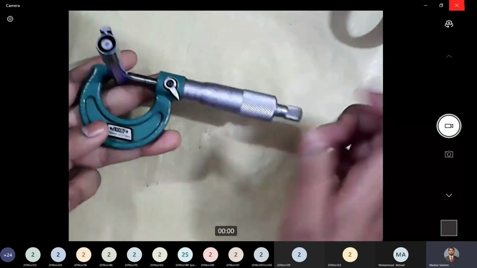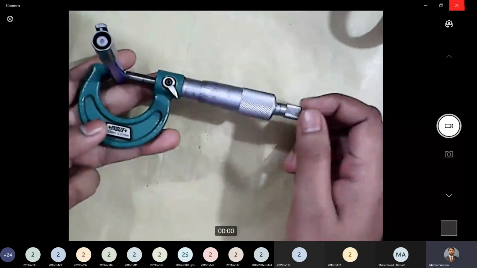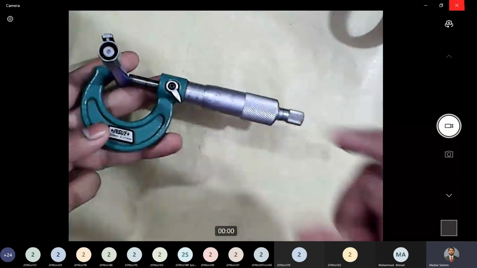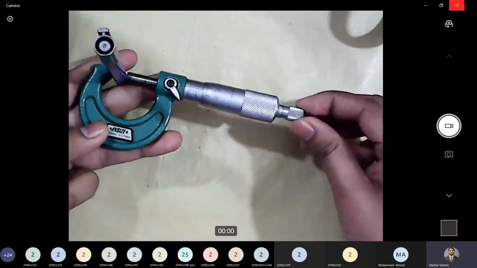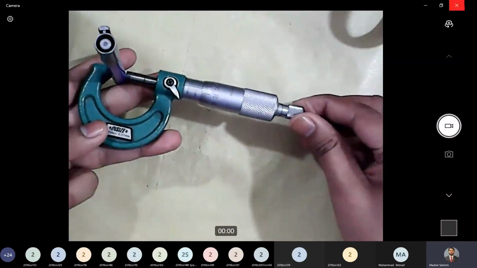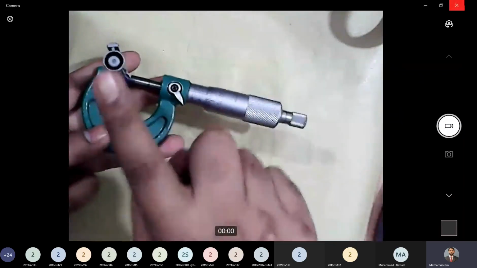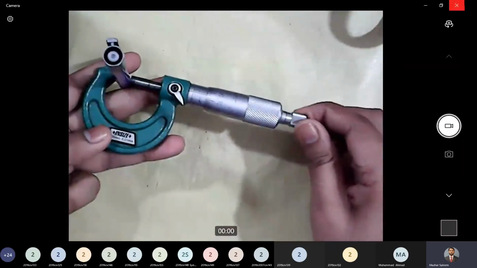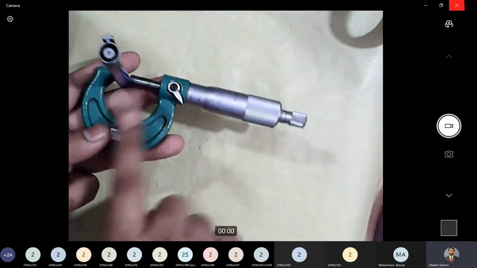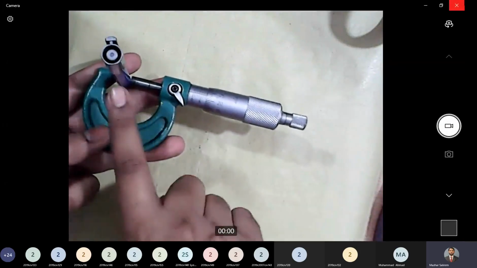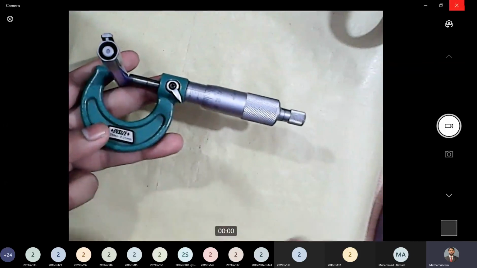We don't want to do that. In order to fix this tightening issue, this knob is provided that is known as ratchet, and we finally tighten the object with the ratchet, and every time it will apply a fixed pressure. So we'll know that there is no excessive pressure on the object and the object is not compressed.